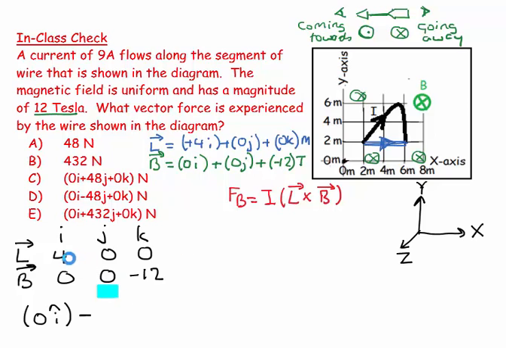I cross multiply, and I get minus 48 minus 0, so that is minus 48j. Now I already had the negative operator there, so I'm going to have two minuses. And then I put down a positive sign for the k term.